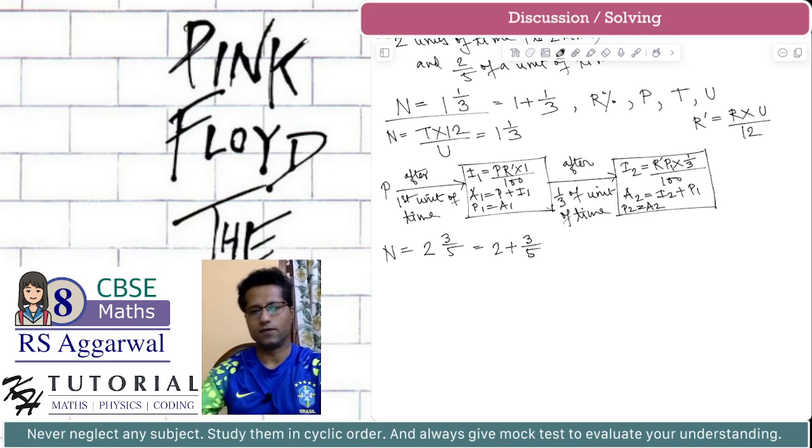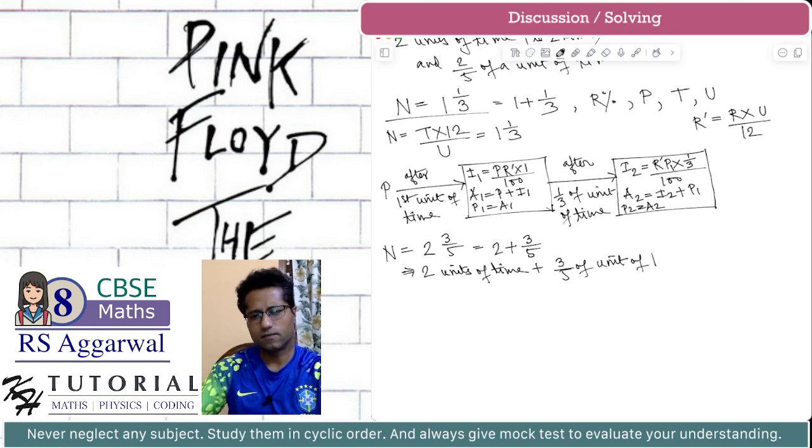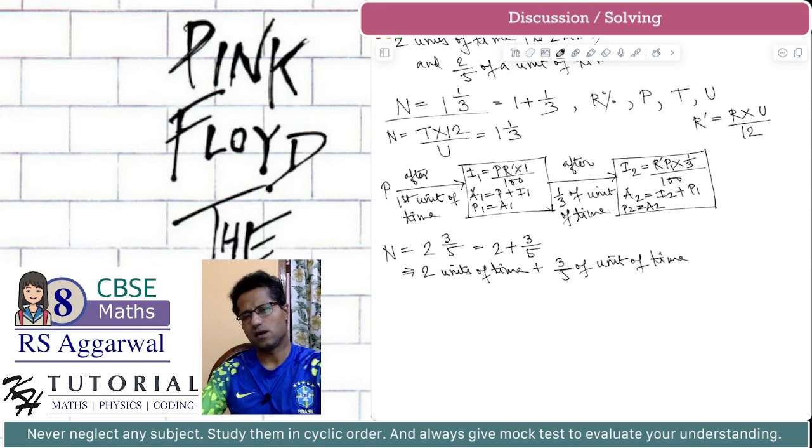Now this actually means 2 complete units of time plus 3/5 of a unit of time. That is, how many times will we calculate the interest? We will calculate the interest 2 times, because the whole part is 2, plus 3/5 of a unit of time.